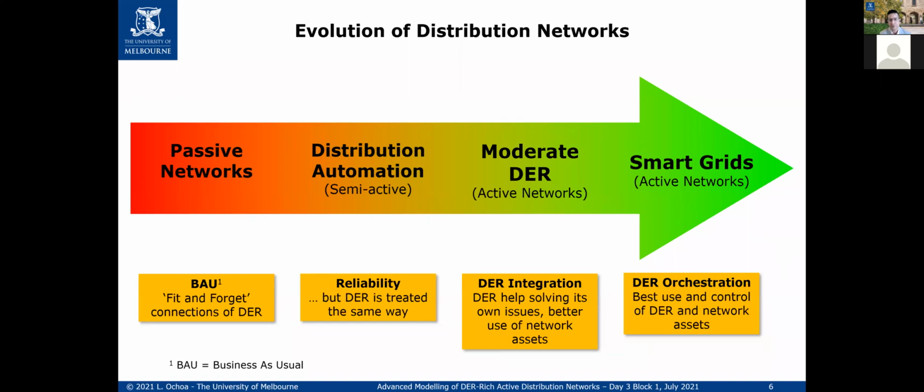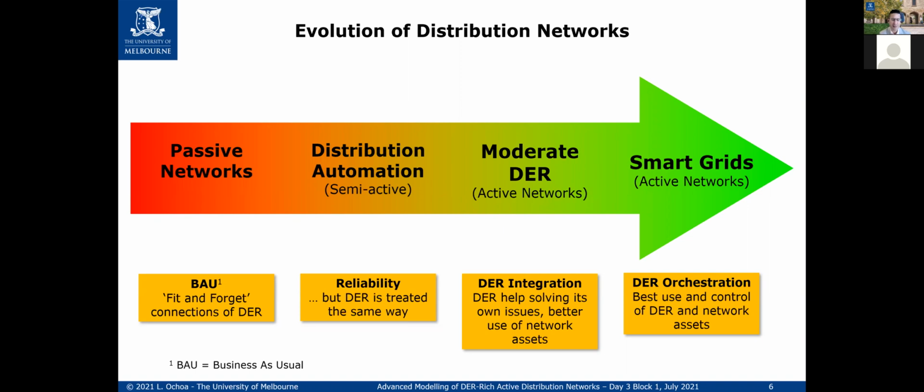You design your network for the peak load. We're talking about distribution. And if there's a new technology, perhaps 20 years ago a random wind farm coming, you would say, all right, how big is your wind farm? Okay, so you can connect it here.